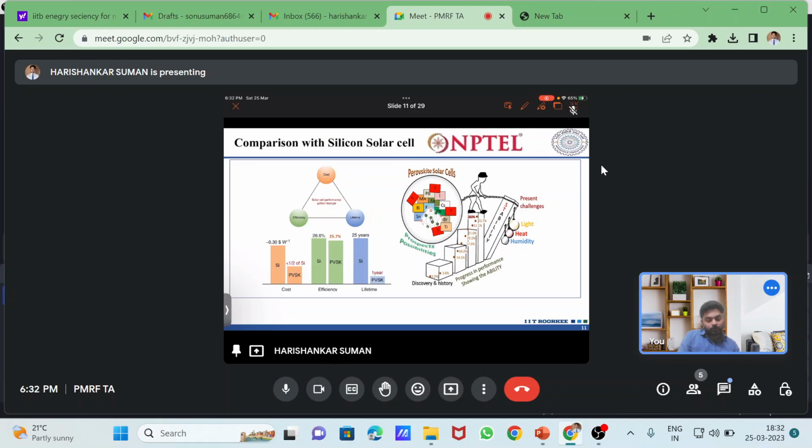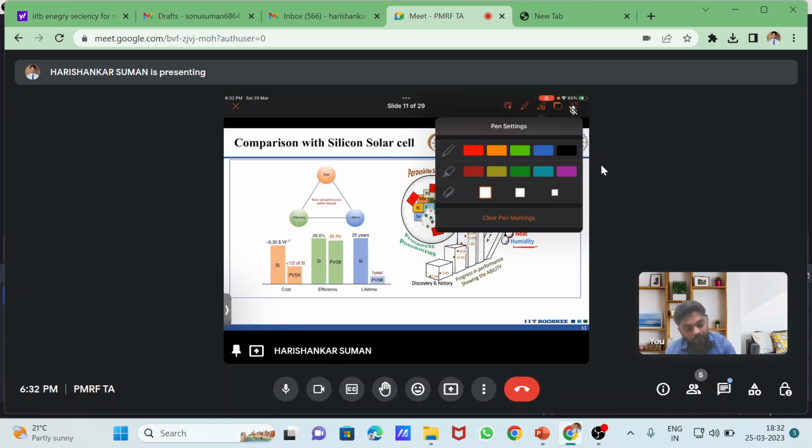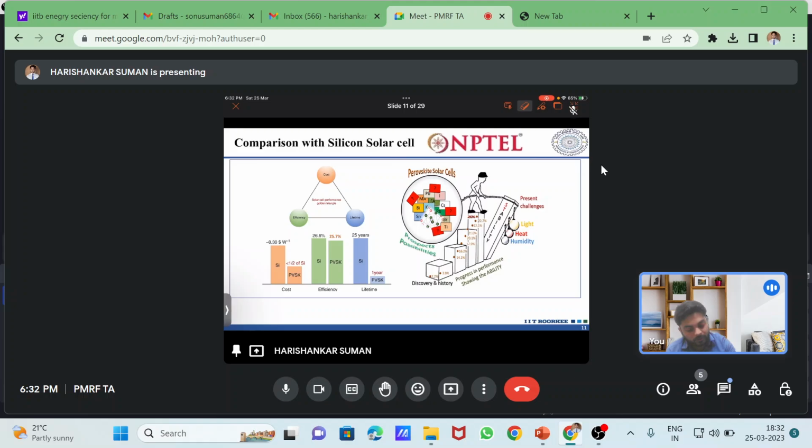For perovskite, humidity can be controlled as many polymers can encapsulate the perovskite, so our module has much higher resistance regarding humidity. Research is going on like that. Okay, sir, so let's move.